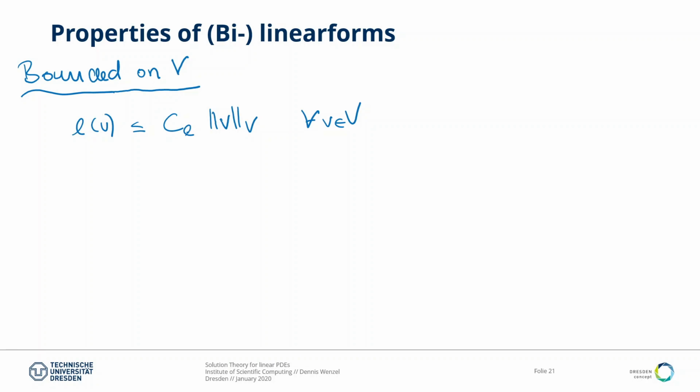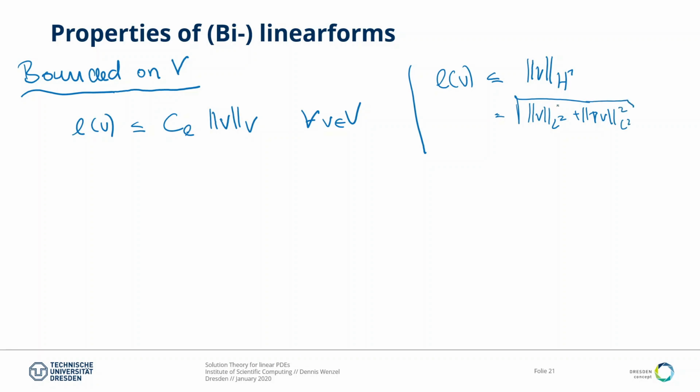So for example, if you have some linear form that is bounded on H1, so if you say, well, L of V is smaller than some constant times the norm of V in H1, which is the square root of the L2 norm plus the gradient in the L2 norm, both of them squared.